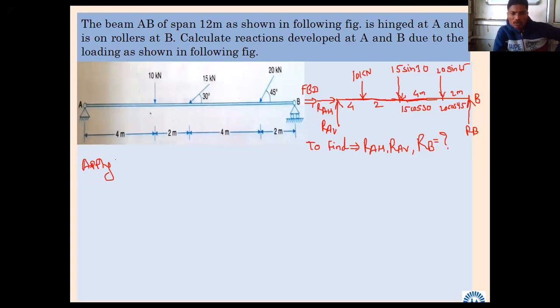Which component are you telling, RA vertical or horizontal? Vertical, sir. 12.78, or something other? 12.77, same. Okay, then correct. Yes, you can go ahead.